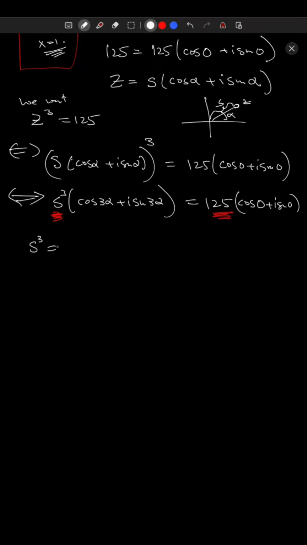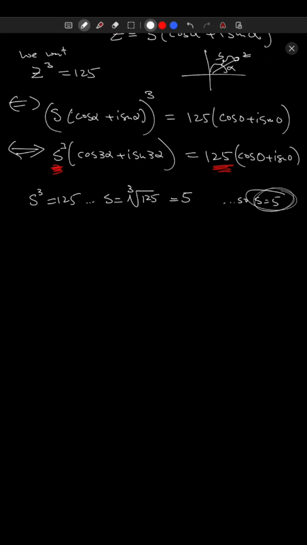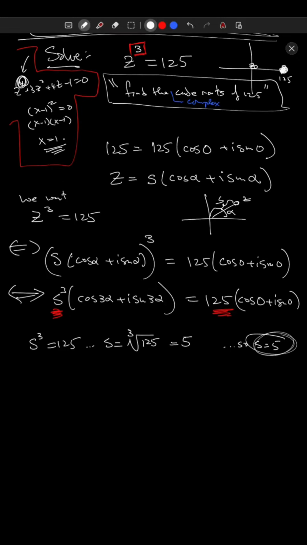So s cubed equals 125. That means s is equal to the cube root of 125, just a regular real number, and so this is going to be 5. So immediately we have s. s equals 5. So all we have to do now is figure out alpha, and we're all set.